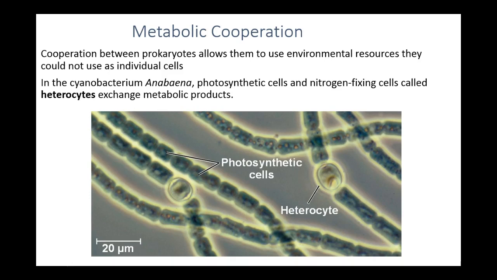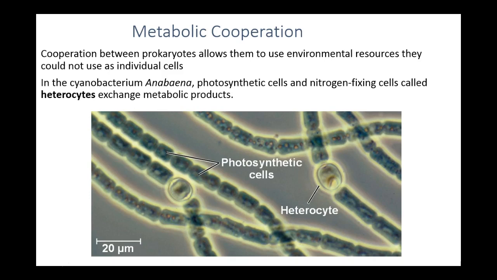They're able to use light and carbon dioxide to create nutrients that are needed for their growth and development. And then you have embedded in there these heterocytes that are able to use nitrogen.